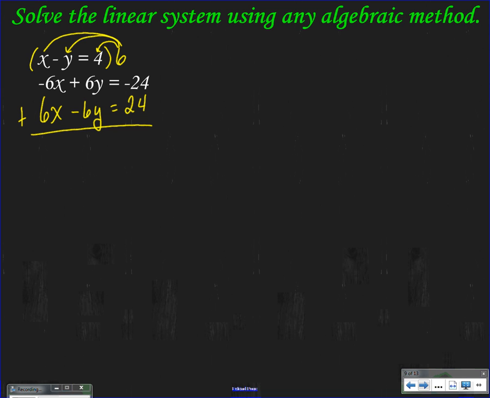Negative 6x plus 6x is 0x. 6 minus 6, oh, plus 0y. Negative 24 minus 24 is 0. So I get 0 equals 0. Awesome. From what we learned last time, what type of solution do I have?